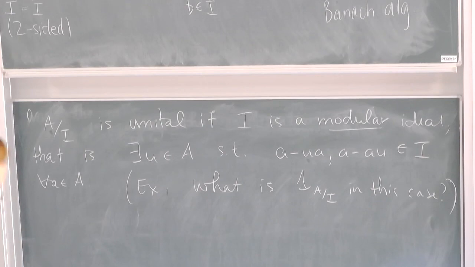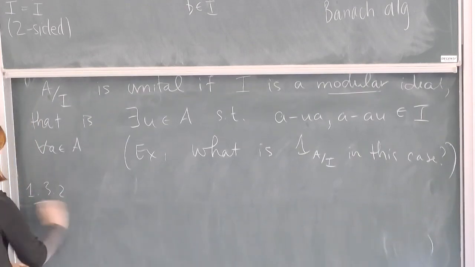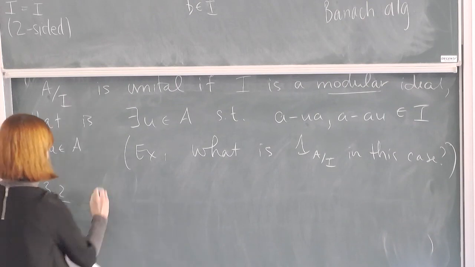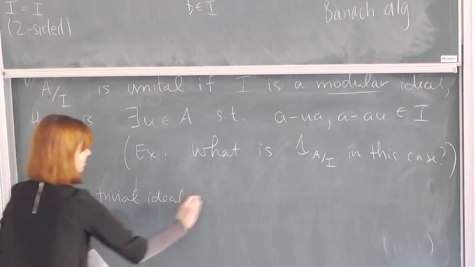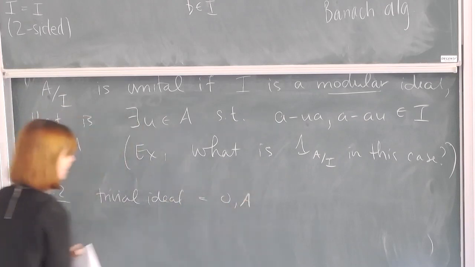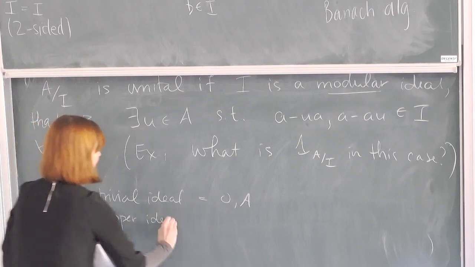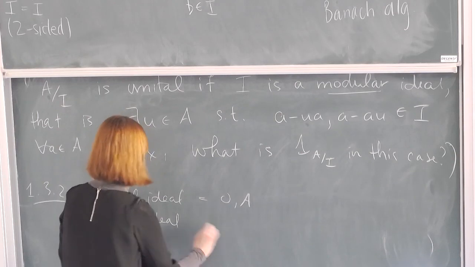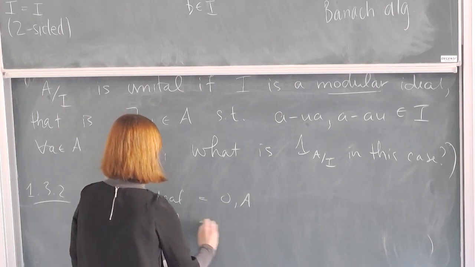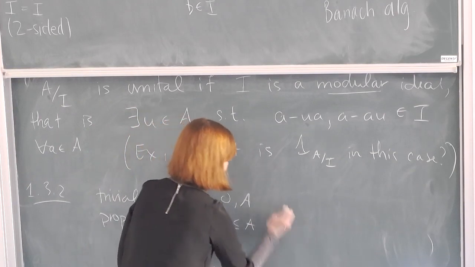We have the usual notions in a Banach algebra of things like the trivial ideals. That's just 0 or A itself. Proper ideal, put in algebraic or left or right as you like. This is an ideal that's not equal to A itself.